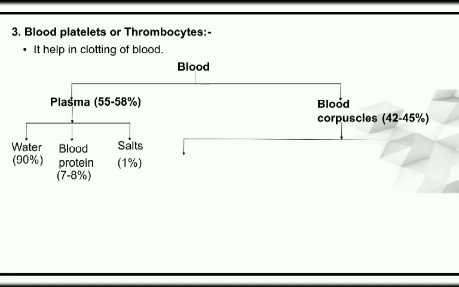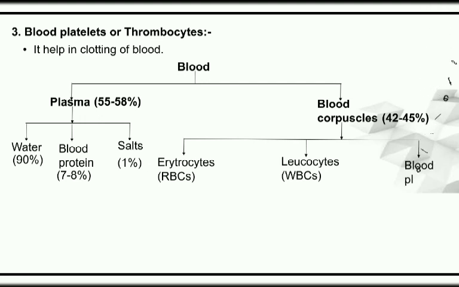Blood corpuscles have 3 components: RBC, also called erythrocytes, WBC, also called leukocytes, and blood platelets, also called thrombocytes.